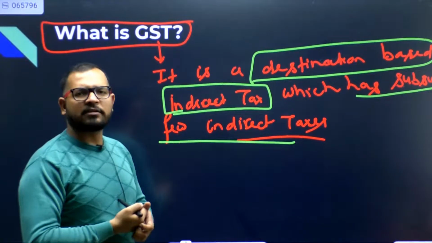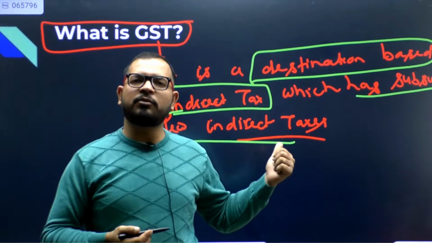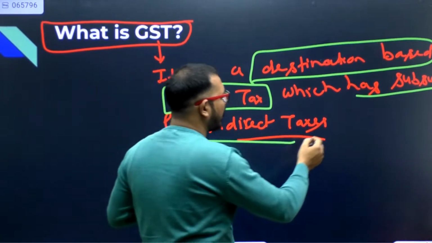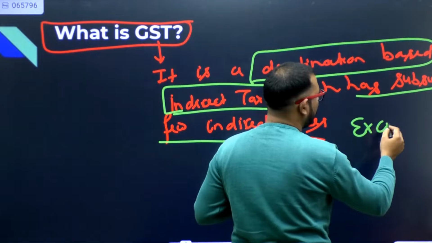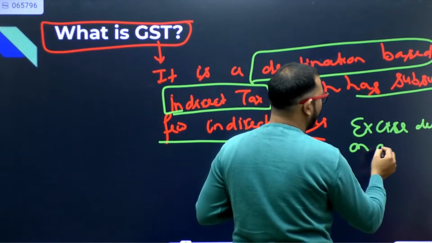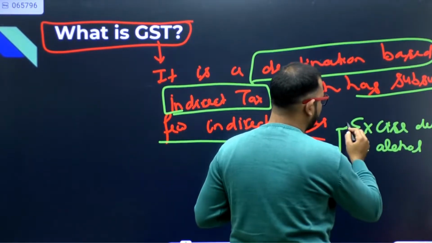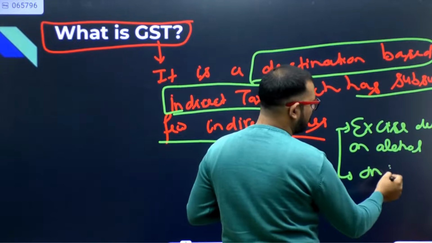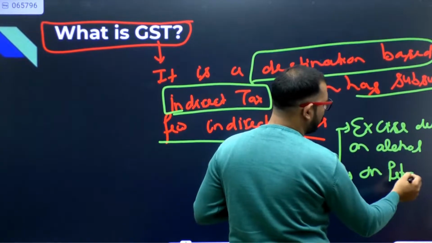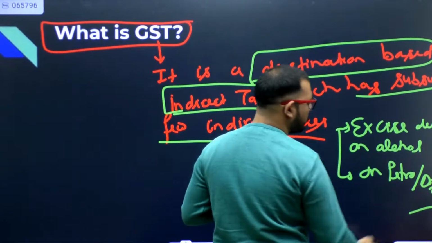And which has subsumed few indirect taxes. The word few is important, not all indirect taxes are subsumed. For example, excise duty on alcohol is not subsumed. Excise duty on petrol and diesel is not subsumed.